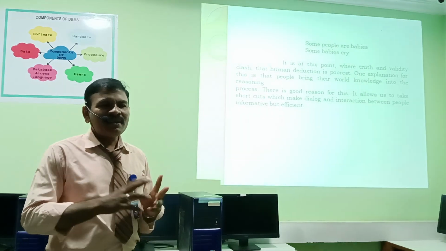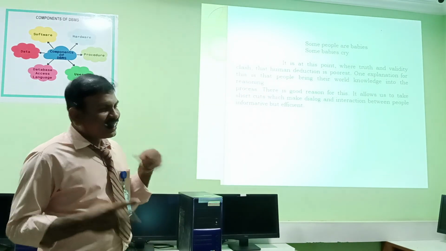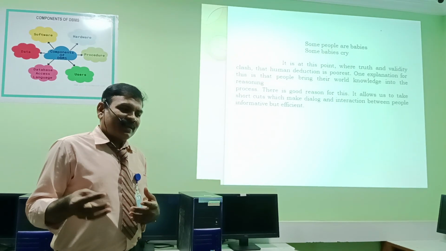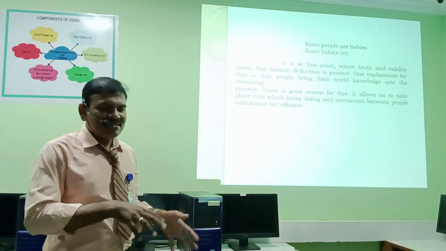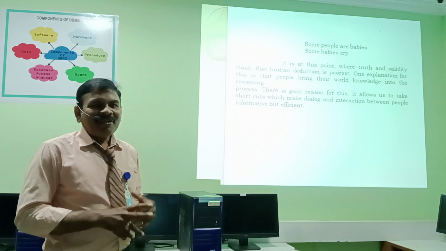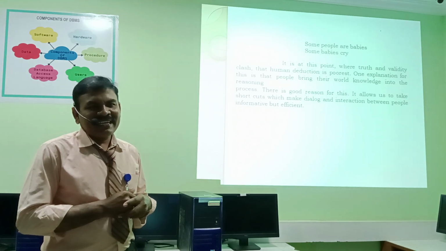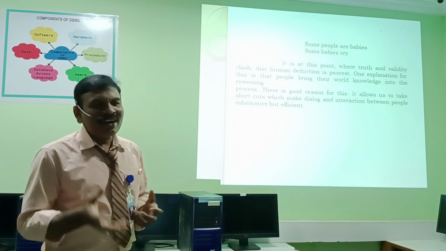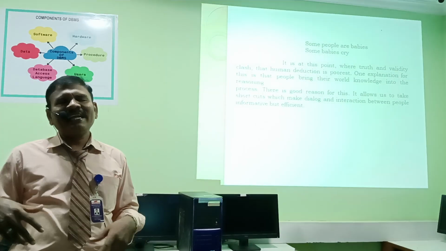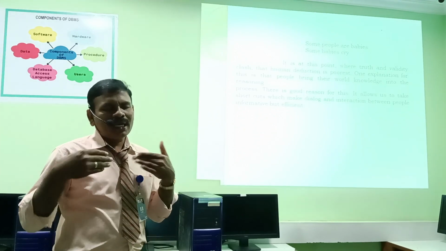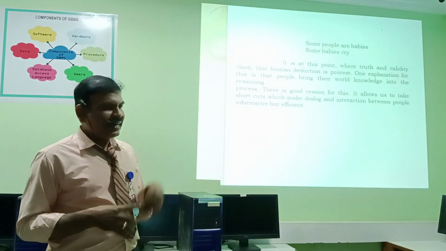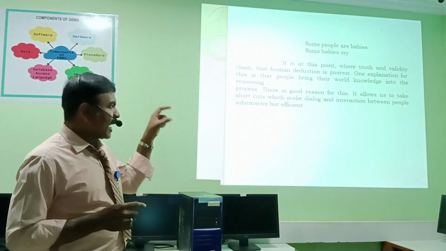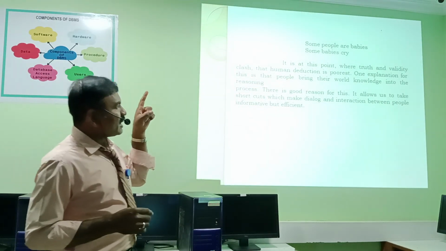Some babies are crying: normal babies will cry, but grown people are not always crying. Grown people cry because they do not understand that they are capable, and are not aware of the fact. That is the reason this has happened. These are all the deductive reasoning facts specified here.